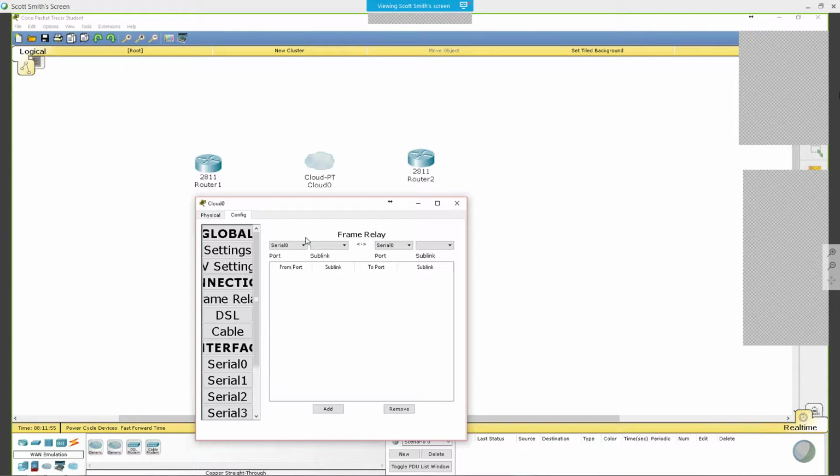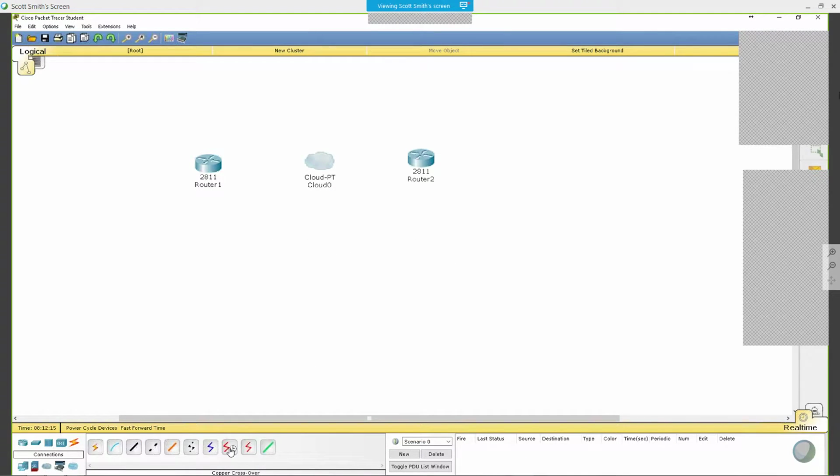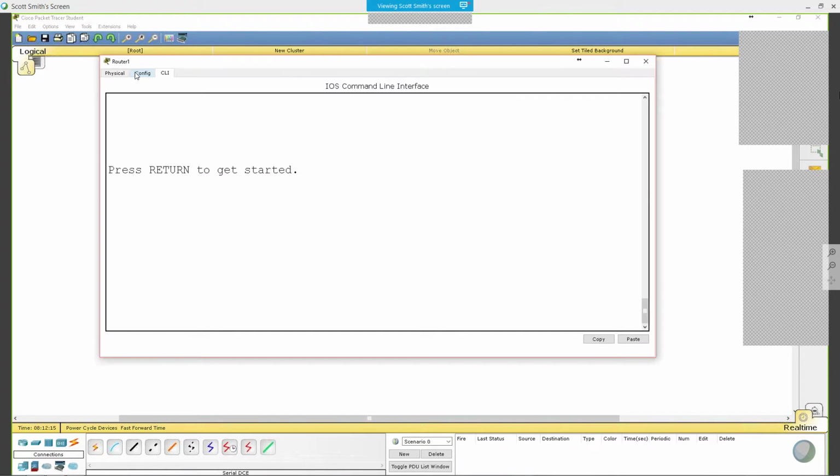Serial 0, we're going to go ahead and... Should be able to pick a number here. Let me connect them first. I might have to connect them first. Oh, I got to add a serial link to my router here. Hold on.